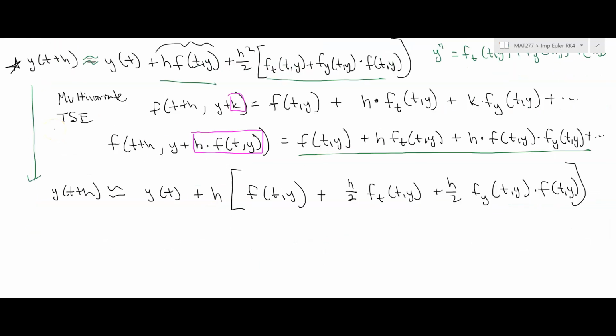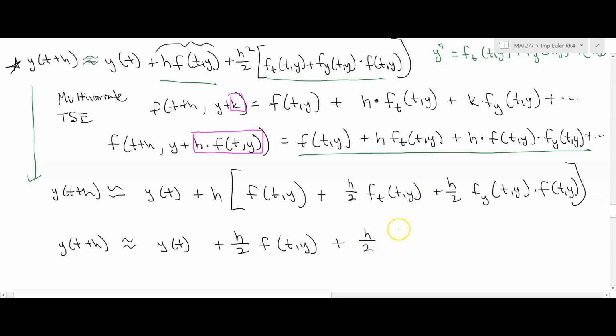I'm going to argue that if you rearrange this a little bit more, you'll have y of t plus h is approximately equal to y of t plus h over 2 times f of t comma y plus h over 2 times f of t plus h, y plus h f of t comma y.